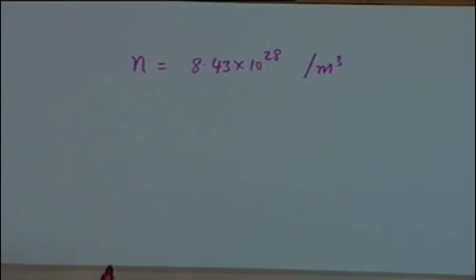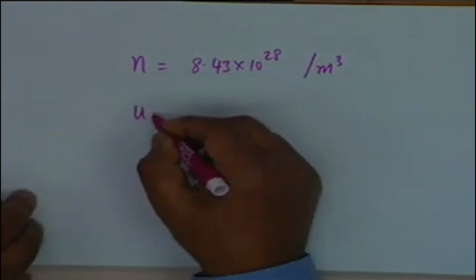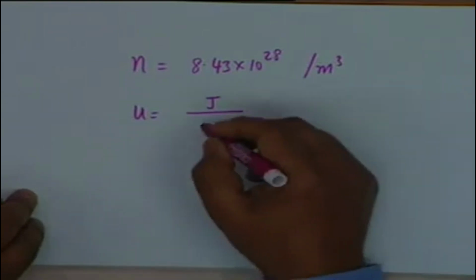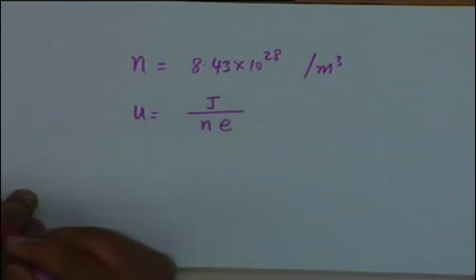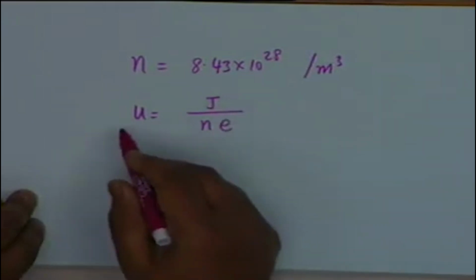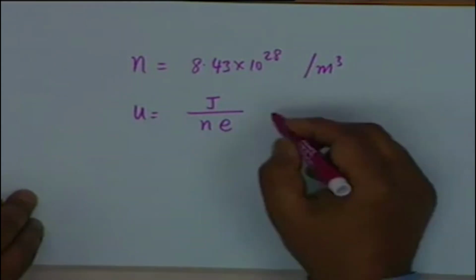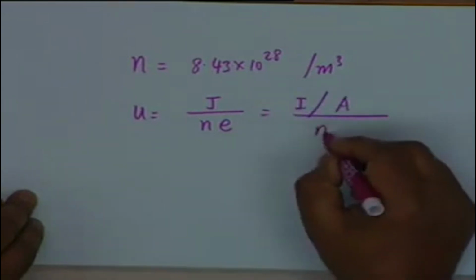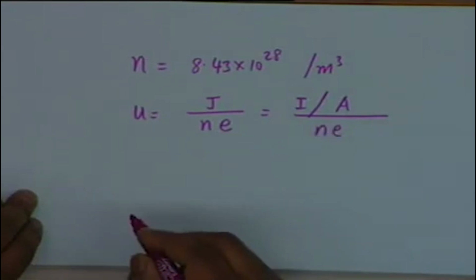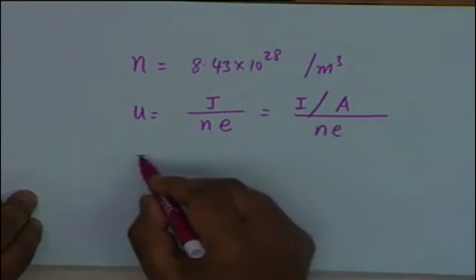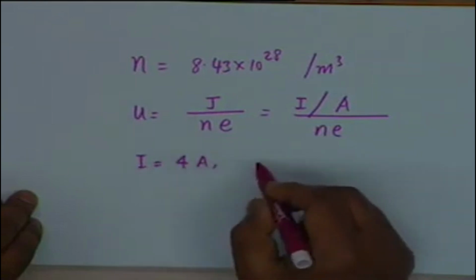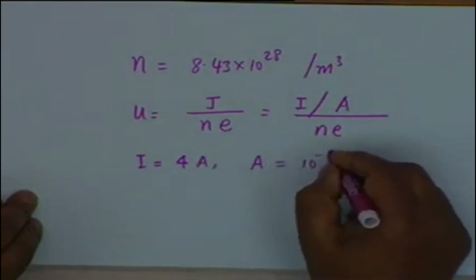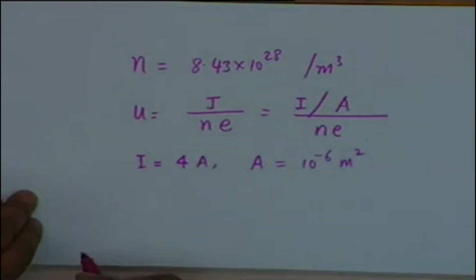Then the drift velocity u is the current density divided by n times the electronic charge. Current density is nev, and current density is the current divided by the cross-sectional area. Suppose in a copper conductor, let us say capital I is 4 ampere and capital A, the cross-sectional area, is 10 to the minus 6 meter squared.